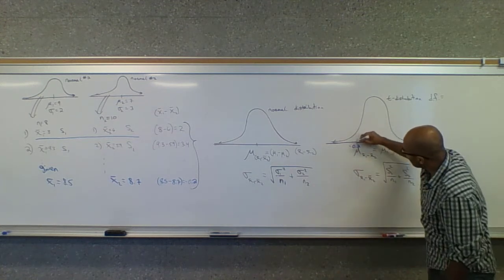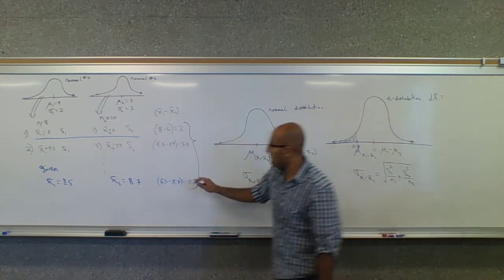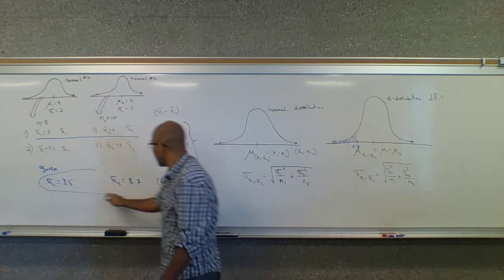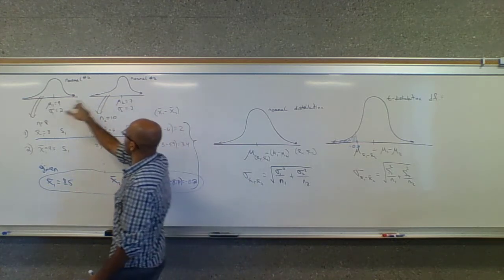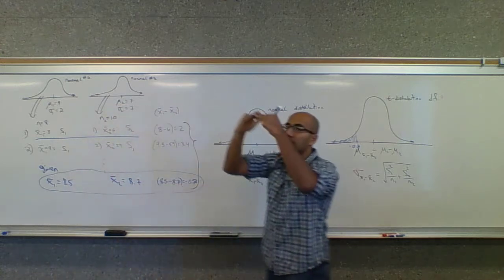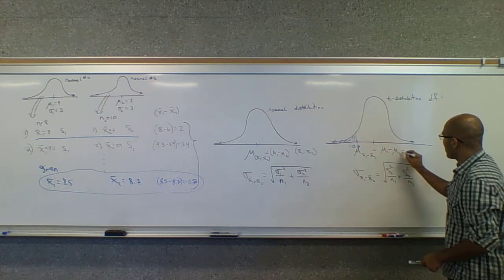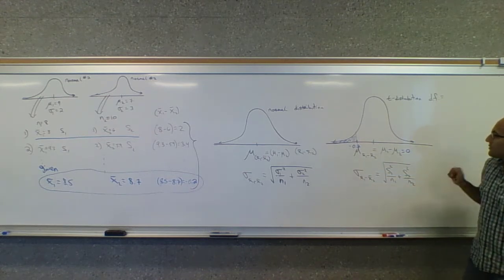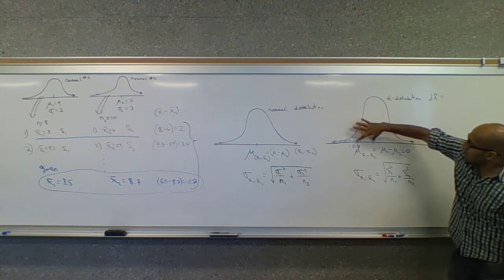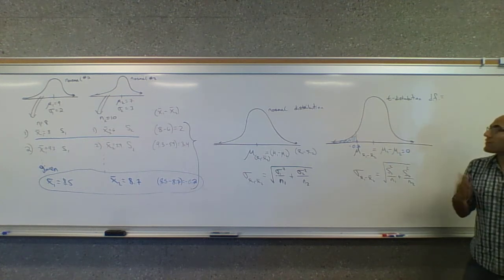And so I want to know the likelihood of getting this kind of result under my sample. This is the given sample. What's the likelihood that I would get this kind of result under the assumption that these two populations actually have the same population mean, which means this will be 0 for us, and this will be the standard deviation of that distribution. All right, so the equation is going to be to find this distance and then divide it by the standard deviation so we can standardize it.